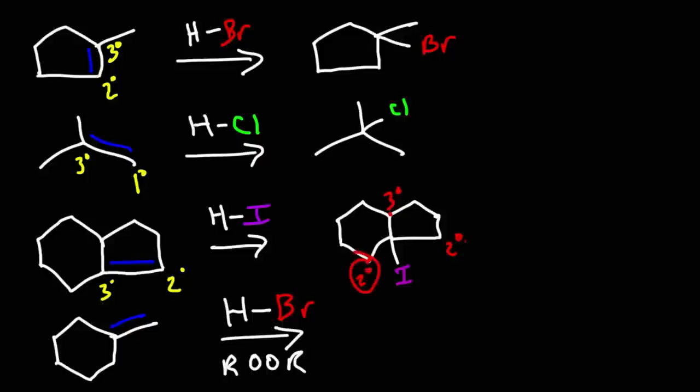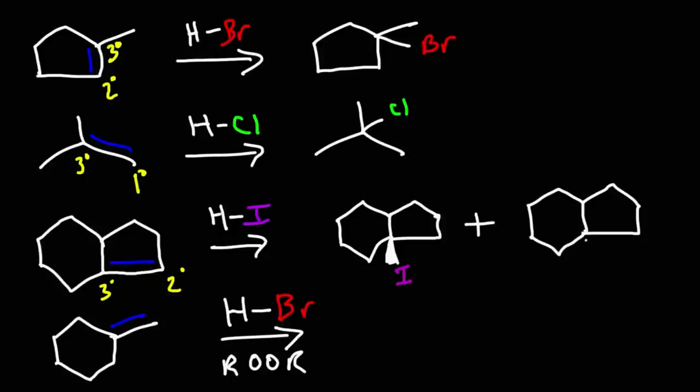These 2 secondary carbons are not identical. The one on the left is on a 6 carbon ring, the other one on the right is in a 5 carbon ring, and so they're different. So we have a carbon with 4 different groups, so we have a chiral center, which means we need to show stereochemistry. The iodine atom could be on the wedge, or it can be on the dash. So we need to show both because we get 2 different products with stereochemistry involved.